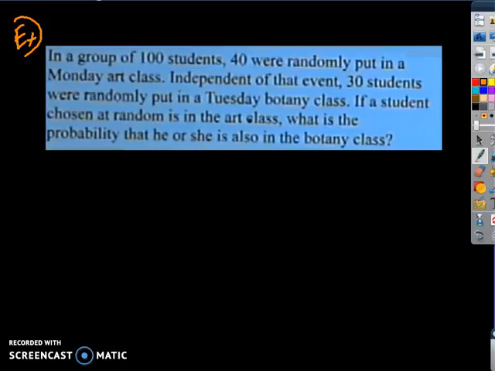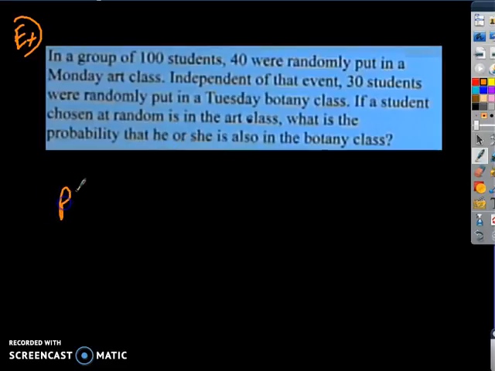In a group of 100 students, 40 were randomly put in an art class, a Monday art class. And independent of that event, 30 students were randomly put in a Tuesday botany class. If a student is chosen at random and is in an art class, what is the probability that he or she is in a botany class?